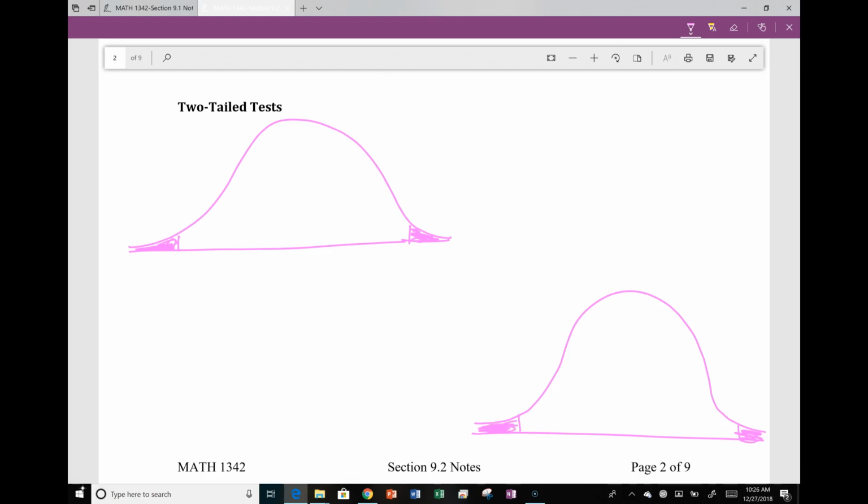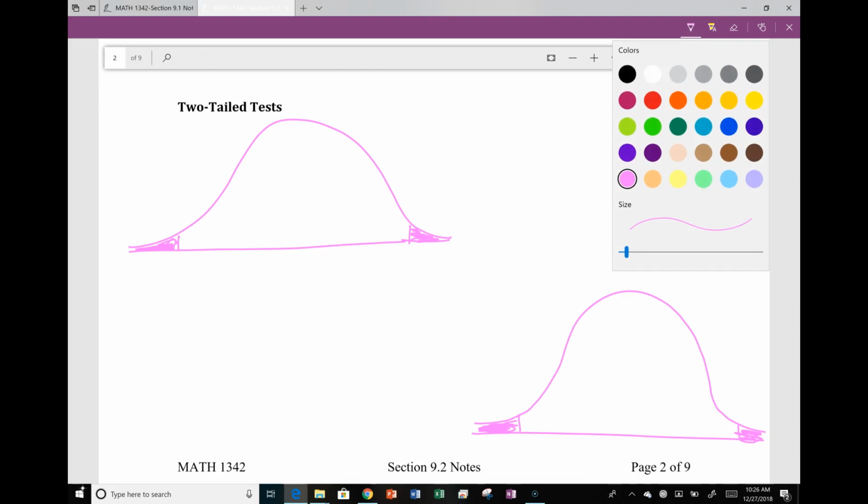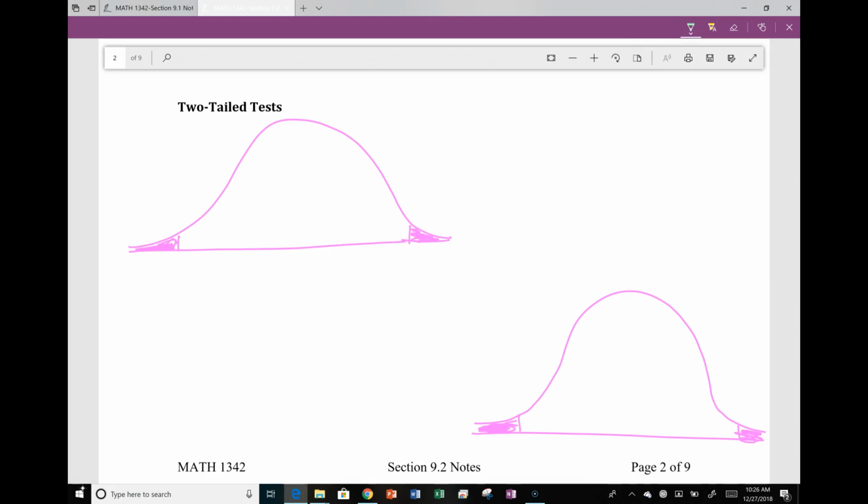Okay, so my alpha is my significance level. The alpha is what goes in each side. Well, in this case, I have two sides. So what actually happens is we take alpha and we divide it by 2. Alpha divided by 2 is going to go in here.